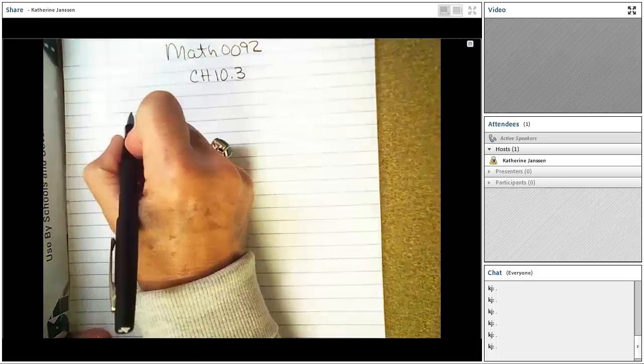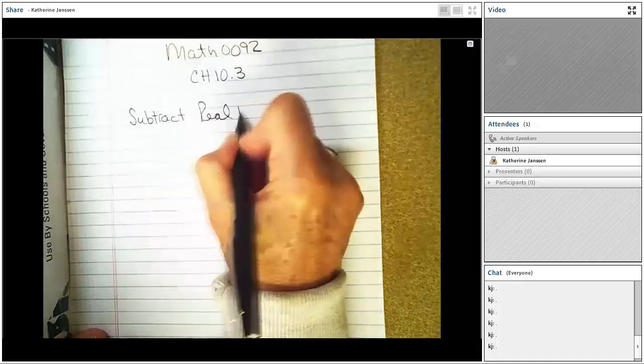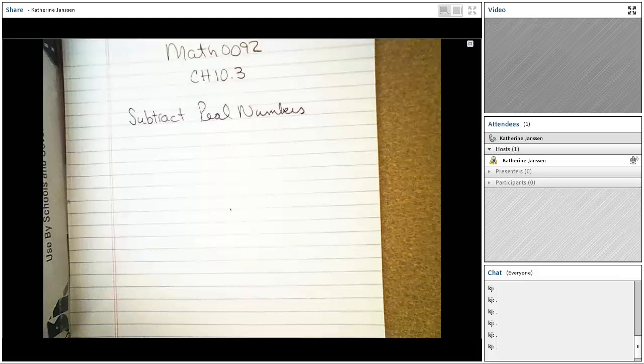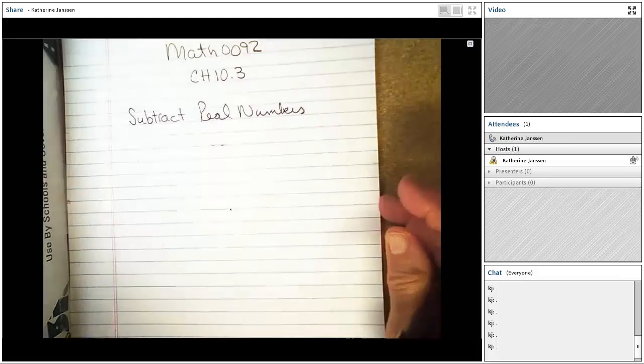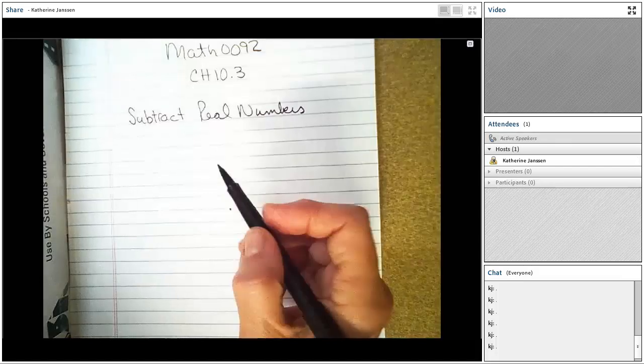Well, then in chapter 3, we begin to subtract real numbers. Now, we already have studied addition of real numbers, and we have a set of rules for our addition of real numbers.